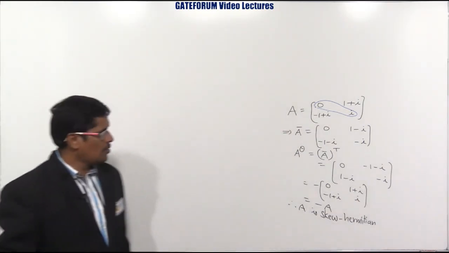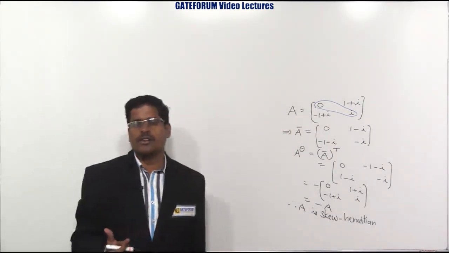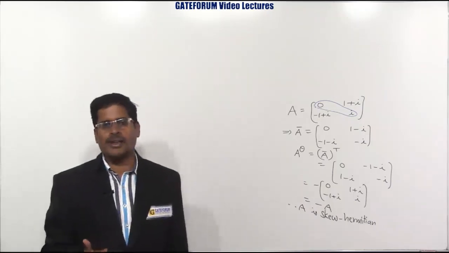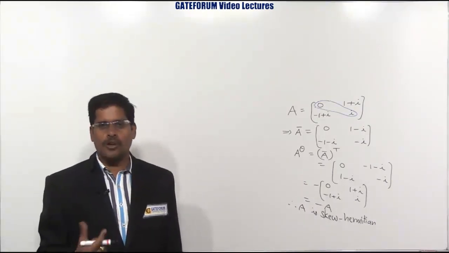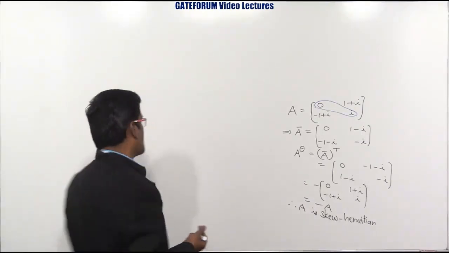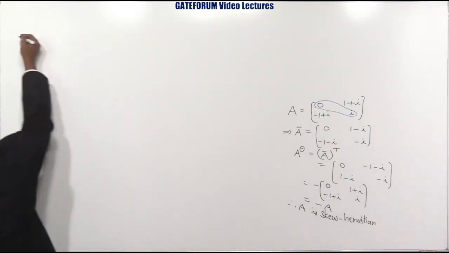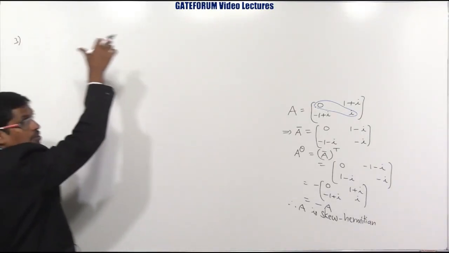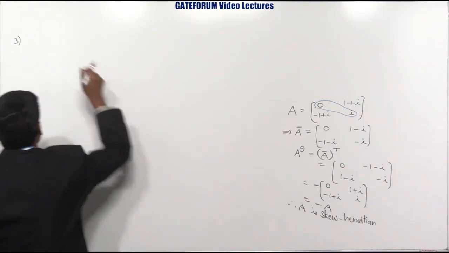Now continuing this, two more definitions, which are orthogonal matrix followed by unitary matrix, that I am writing here. So number 3, this is just a continuation of yesterday's end class.